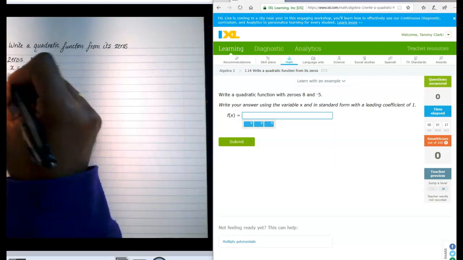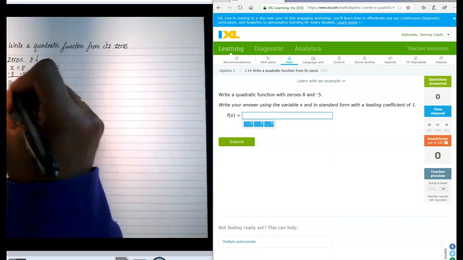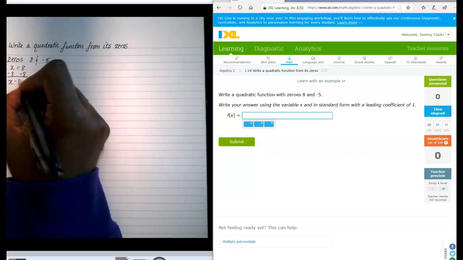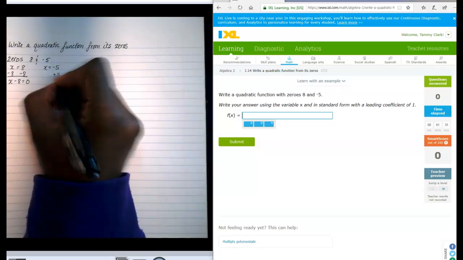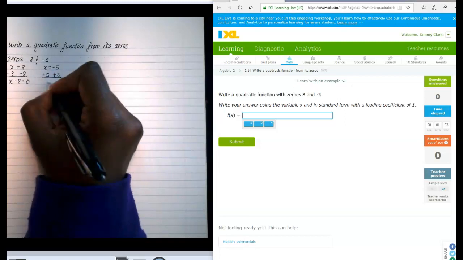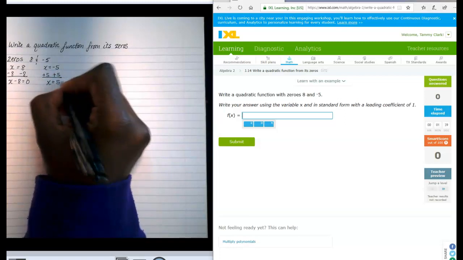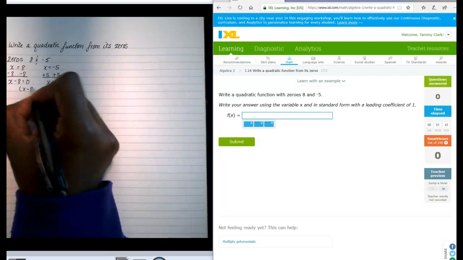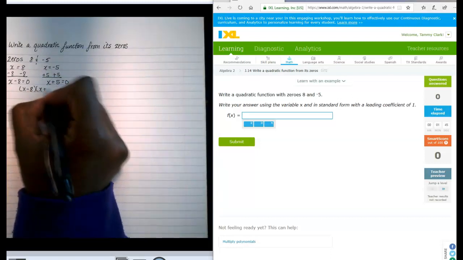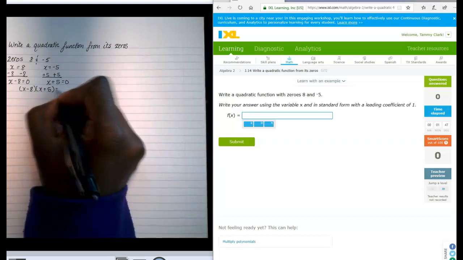So I'm going to subtract 8 from both sides of the equation, and I get x minus 8 equals 0. And then here I'm going to add 5 to both sides of the equation, so I have x plus 5 equals 0. And then I'm going to go ahead and multiply these two factors.